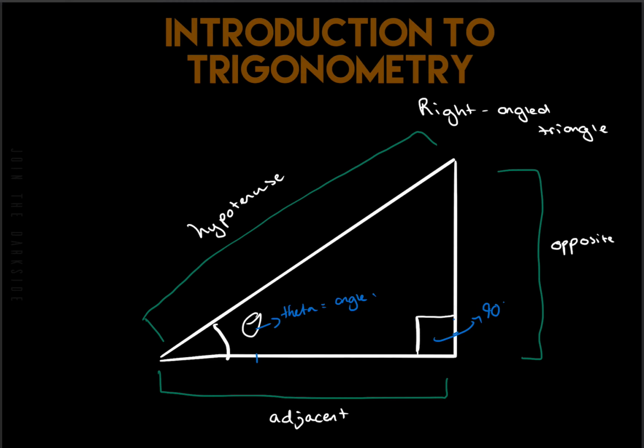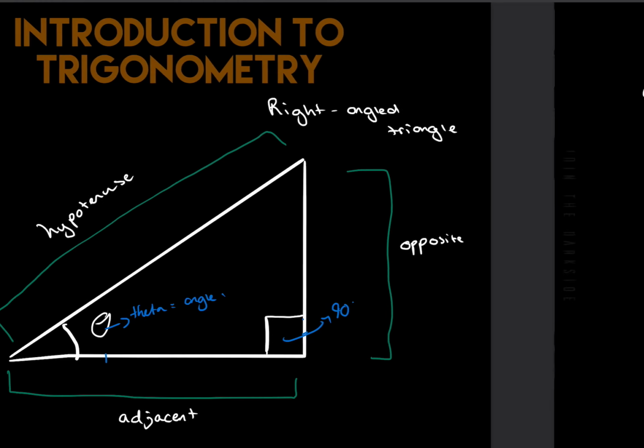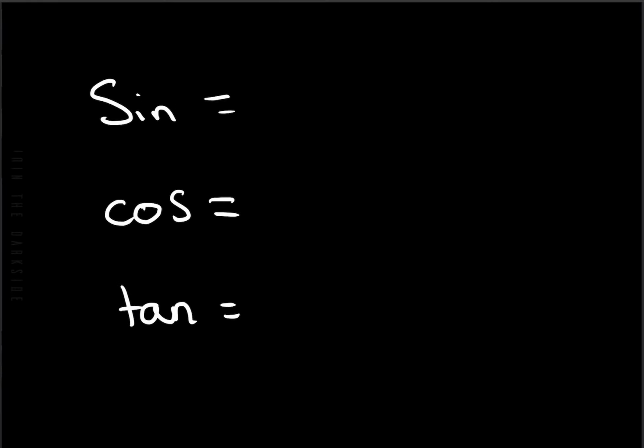So let's figure out what trigonometry is all about. The main functions in trigonometry are sine, cosine, and tangent.